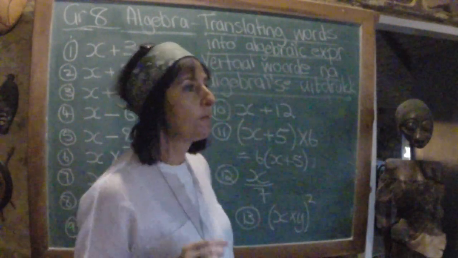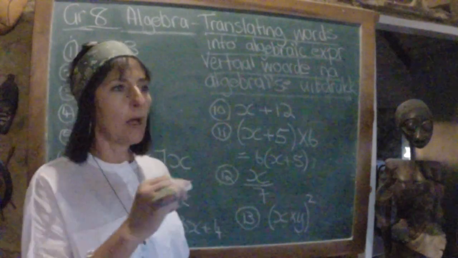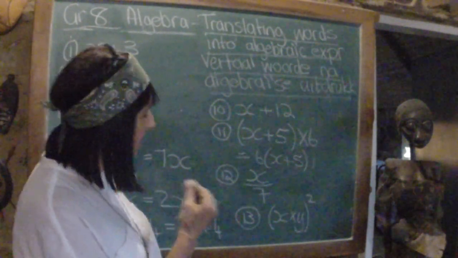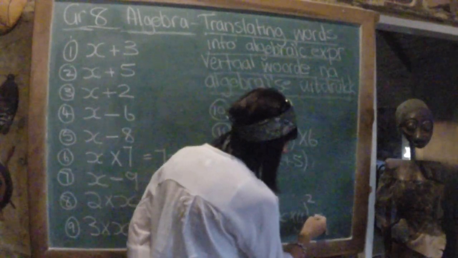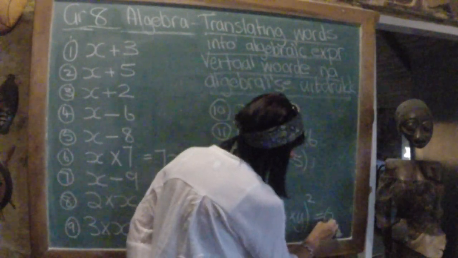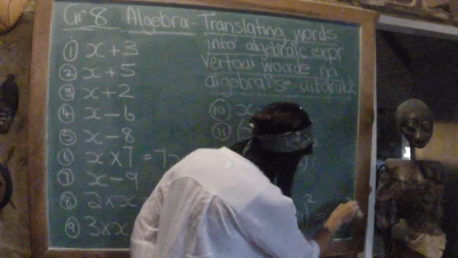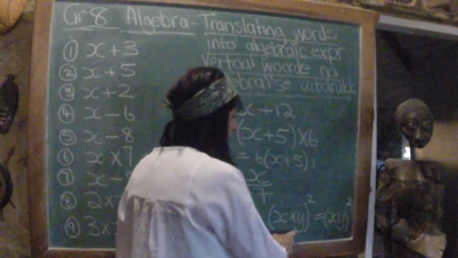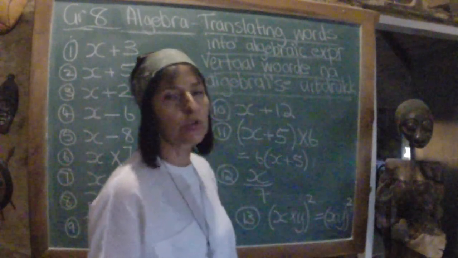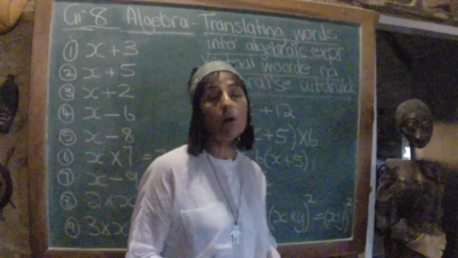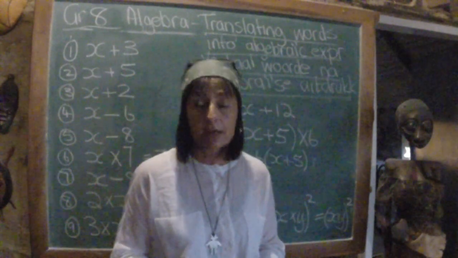Die produk van x maal y, en daarna gaan ek dit kwadreer. So I can rewrite that simpler, x, y, in brackets, square. Then I do the multiplication first, and the squaring after that. Die vermenigvuldiging eerste en daarna die kwadrering.